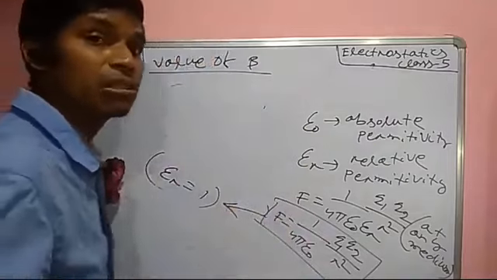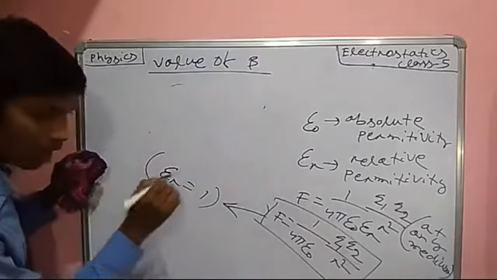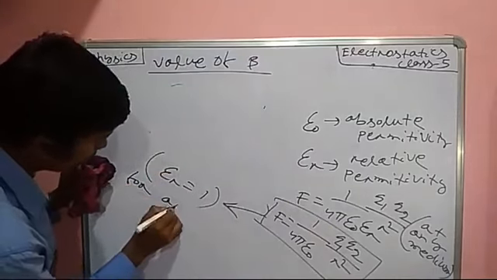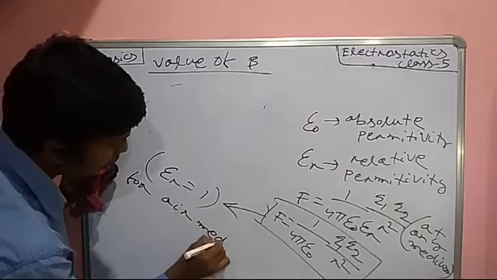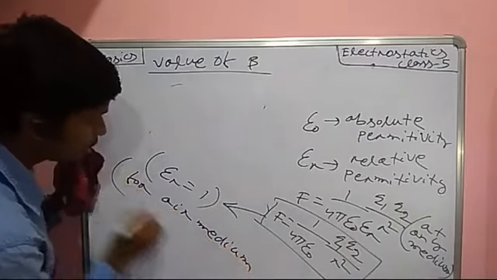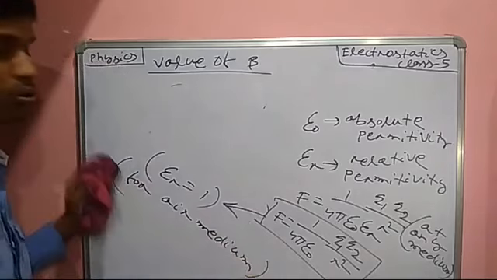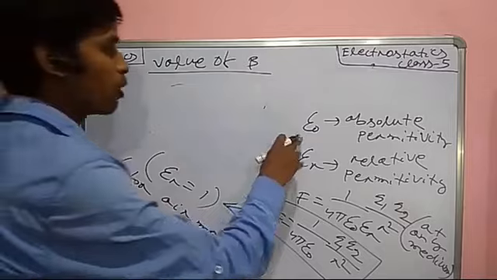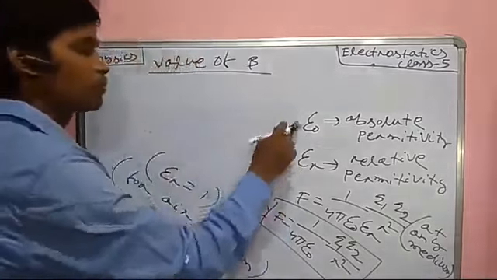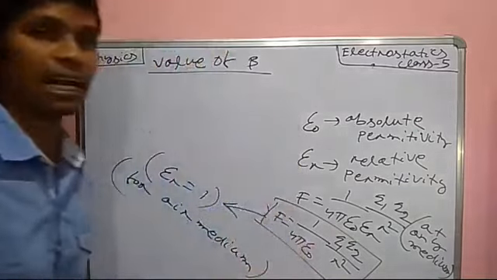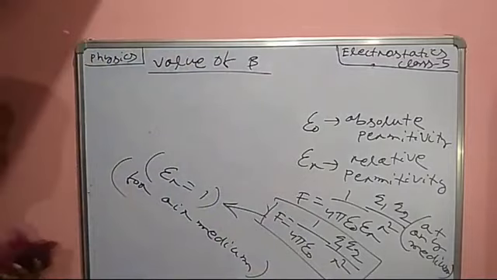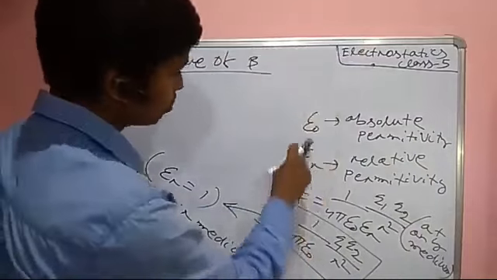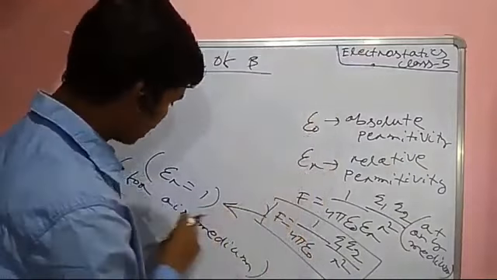When the air medium is present, for air medium or vacuum or free space. Yes or no? In 1 by 4 pi epsilon 0, you have to remember, absolute permittivity is constant. Absolute permittivity is constant, and epsilon r is equal to 1.